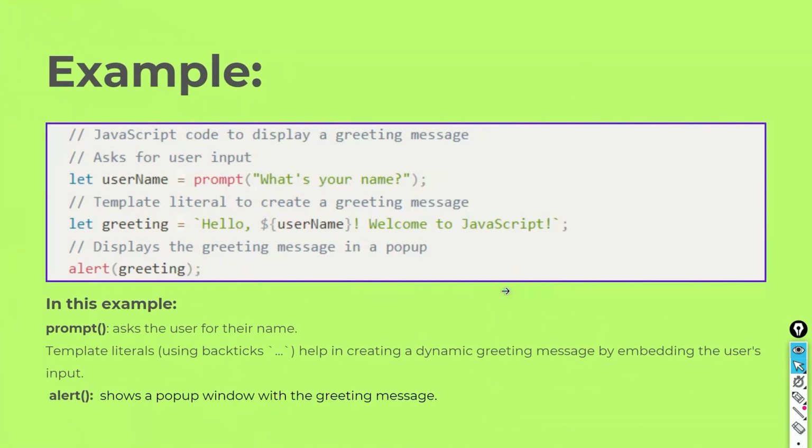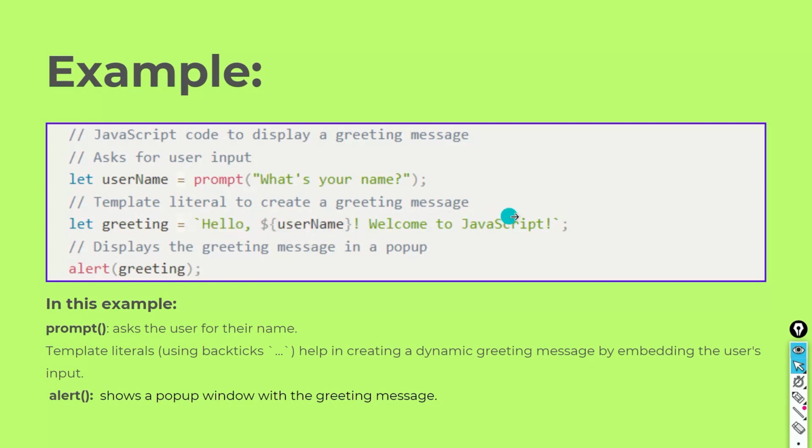Let's see an example of how JavaScript code looks. Here we are displaying a greeting message. Here is the JavaScript code. Let username equal to prompt, what is your name? It means that we are asking the username from the user. And then let greet is equal to hello, and we are using something called a template literal for the greeting message.